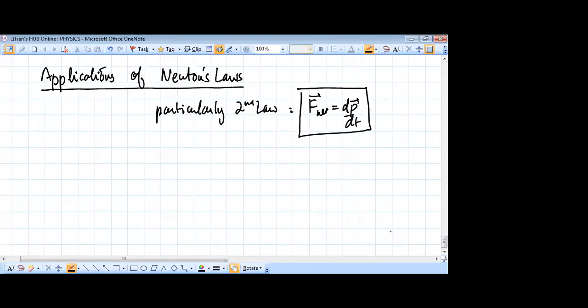Now, the most easy example you can think of in which we can apply this principle is an object just lying on the ground. You have a block of a certain mass. It's just lying on some horizontal surface.